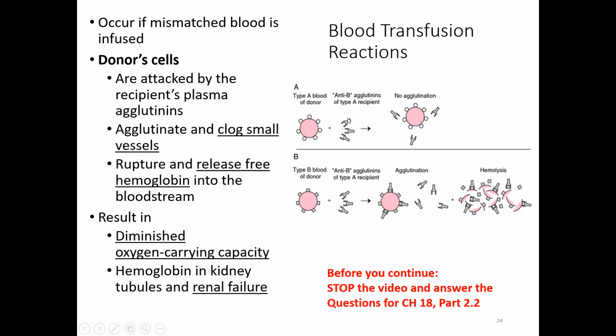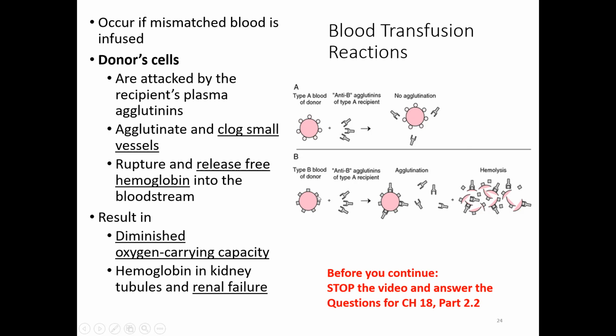If they are transfused the same blood type A, those anti-B agglutinins will not attack those new transfused red blood cells. They do not match.